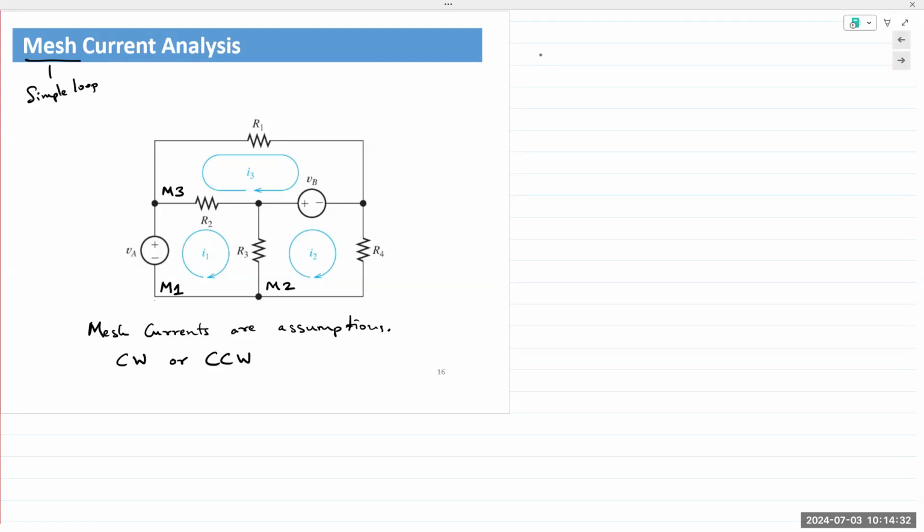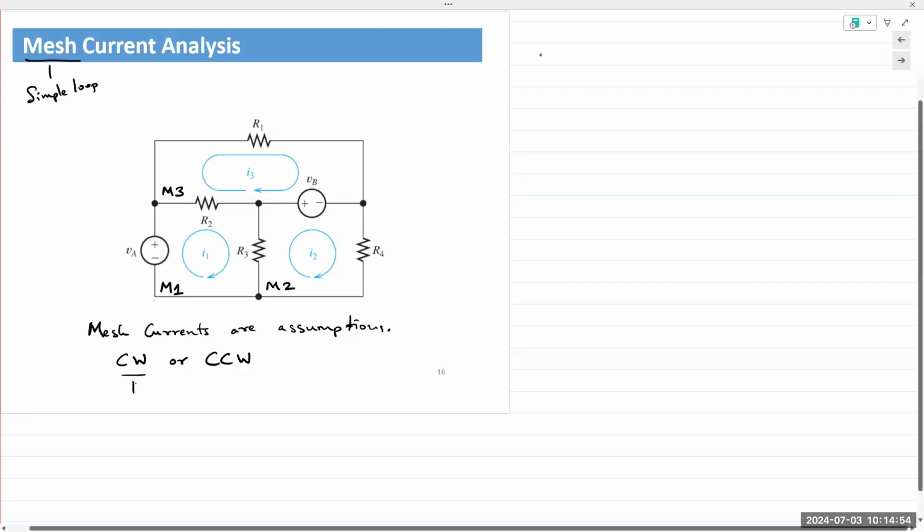Okay, in node voltage analysis, we assume any one of the nodes in the circuit to be a reference node. So in the same way, we can assume either a clockwise or a counterclockwise direction for our mesh currents. Just out of habit, out of practice, and to be consistent, I always choose a clockwise direction. That's my personal preference. And I choose a clockwise direction for all mesh currents in the circuit.